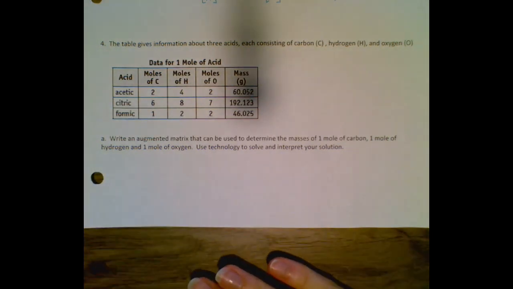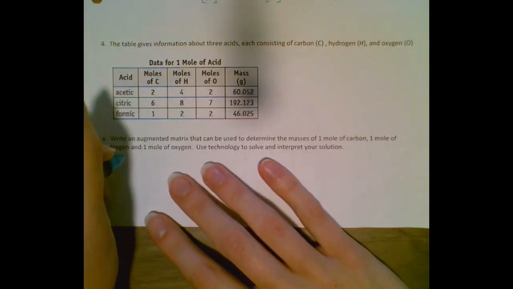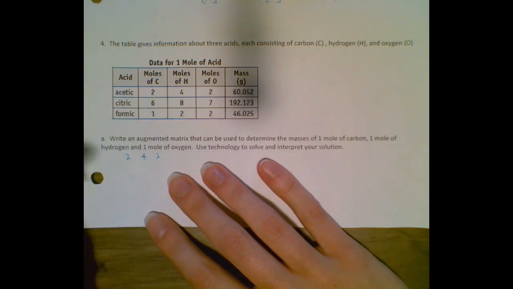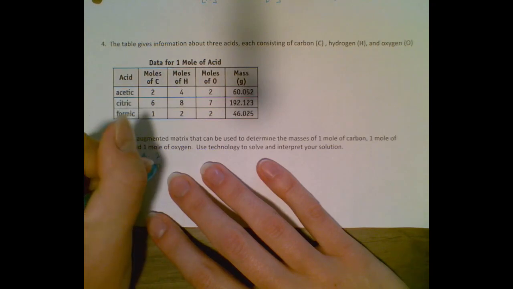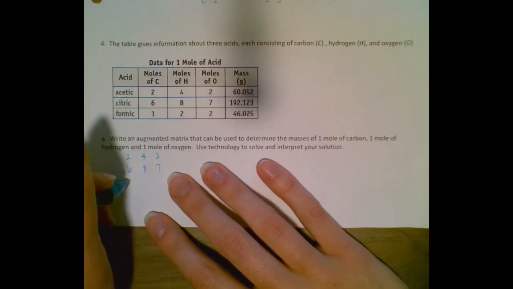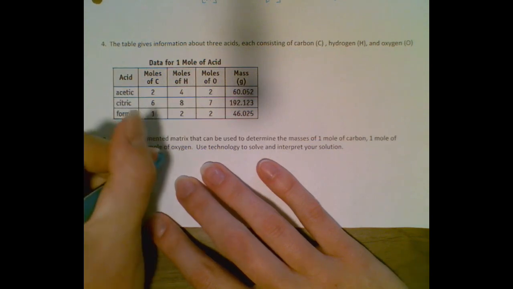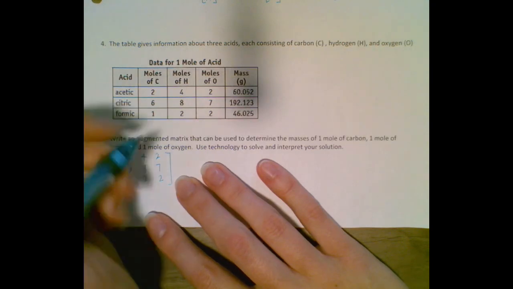So, our augmented matrix we have here would be 2, 4, 2 for the acetic acid. Citric acid, we have 6, 8, 7. In the formic acid, we have 1, 2, 2. This is almost like X, Y, Z, okay?